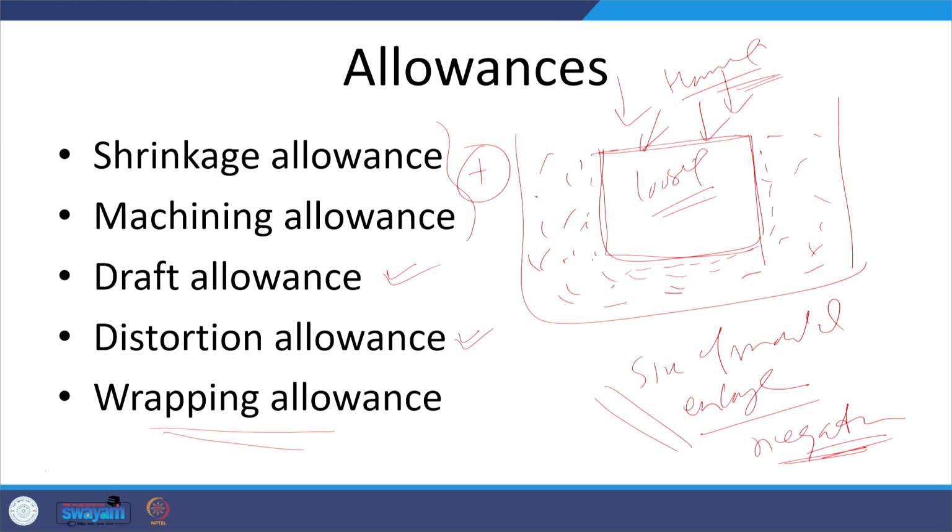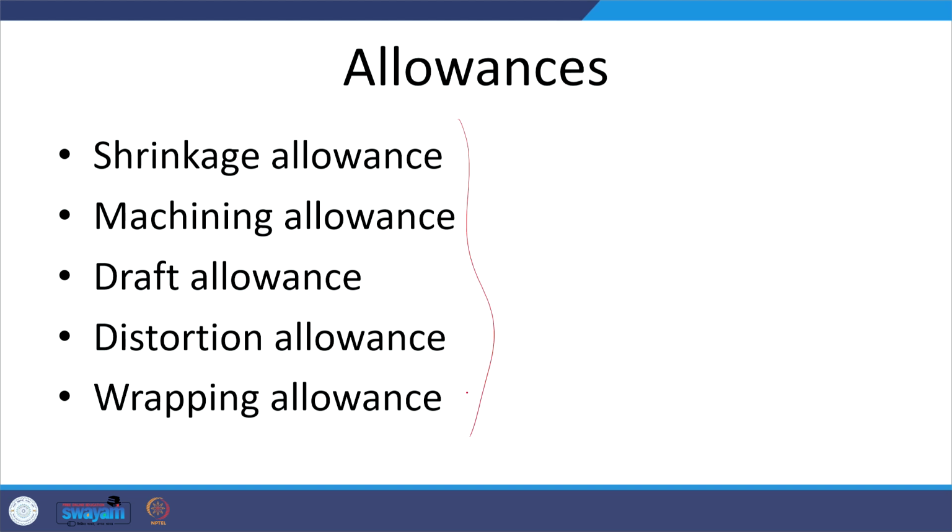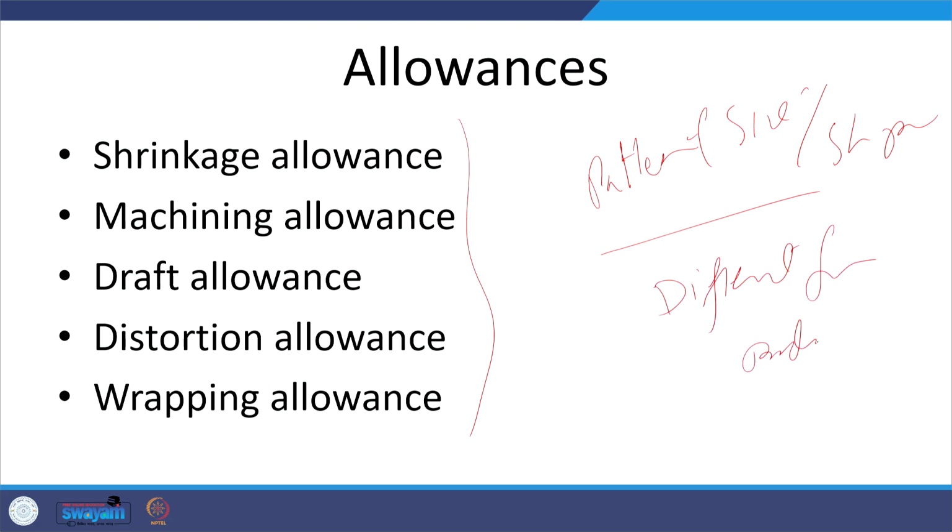So, these are the 5 types of allowances which are considered, and these allowances result in a pattern of a size and shape which is really different from the product desired. Okay. So, that is why we say that the pattern is not exactly of the size and shape which is desired, but it is close to the one which is desired.